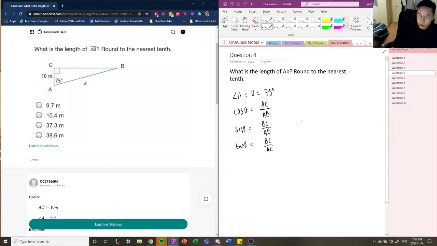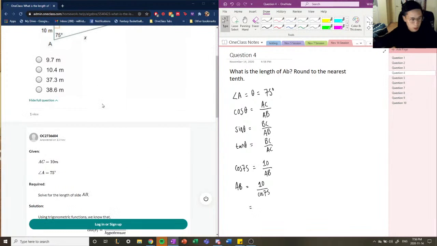We're going to use cosine theta because we're given the adjacent side and we need to find AB. So cosine of 75 degrees equals 10 over AB. So side AB, the hypotenuse, would be 10 over cosine of 75. And we're going to calculate that using our calculator here.